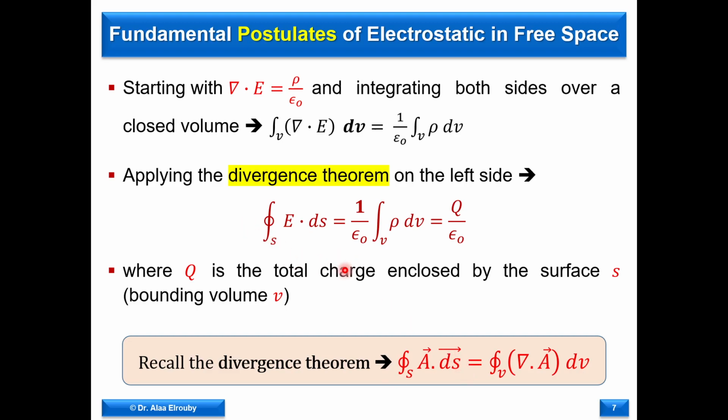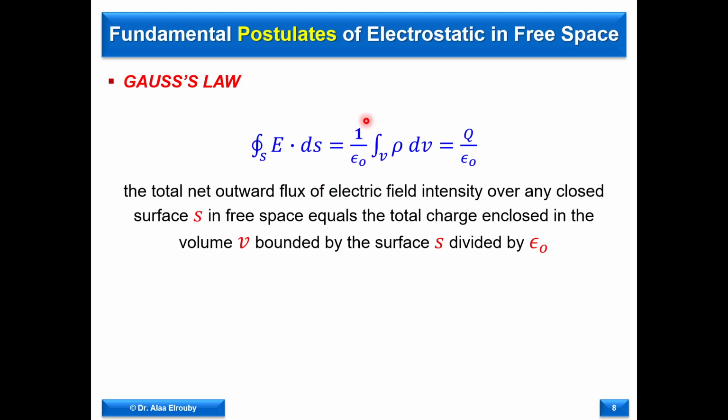and we have this law. This law says that the flux of electric field out of any closed surface equals the total charge enclosed inside the volume, or inside this surface, divided by a constant. We're going to use this in studying problems of electrostatics. This law is called Gauss's law.